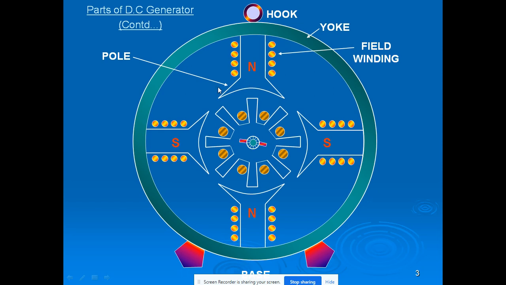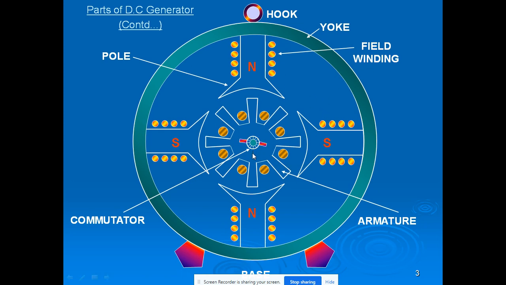Here in large DC generators, we always use artificial magnets, that is nothing but a coil wound on the magnetic poles. And we can see the armature which is at the middle of the poles, and this is the commutator.